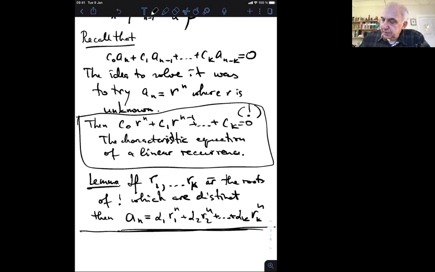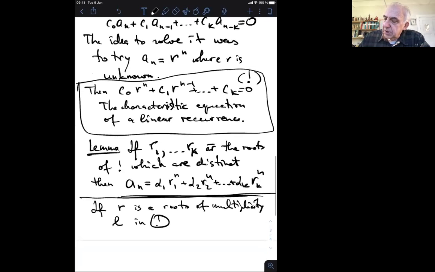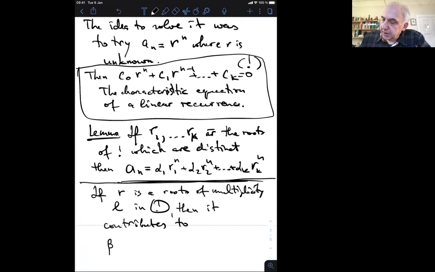For example, if R is a root of multiplicity L in our characteristic equation, then it contributes not just one solution, but L solutions of the form: beta 1 R power n, plus beta 2 n R power n, plus and so on, plus beta L n power L minus 1 R power n.